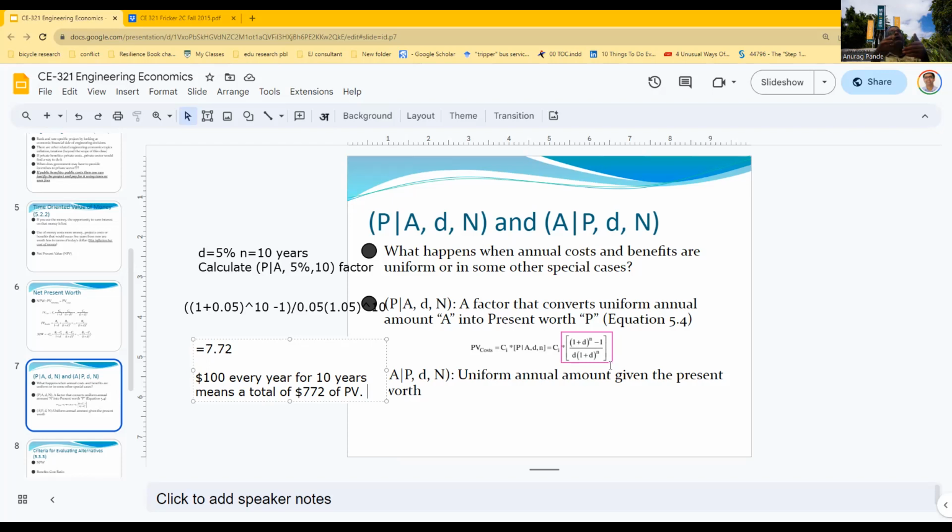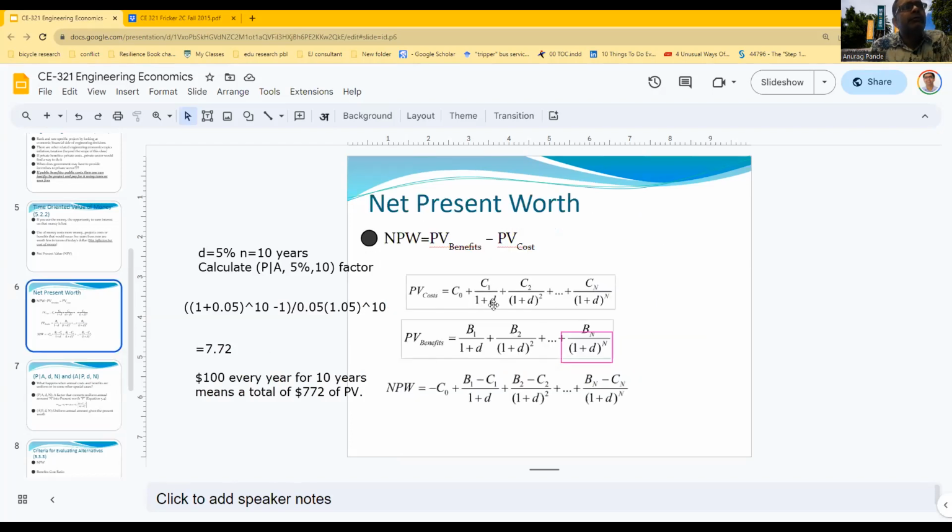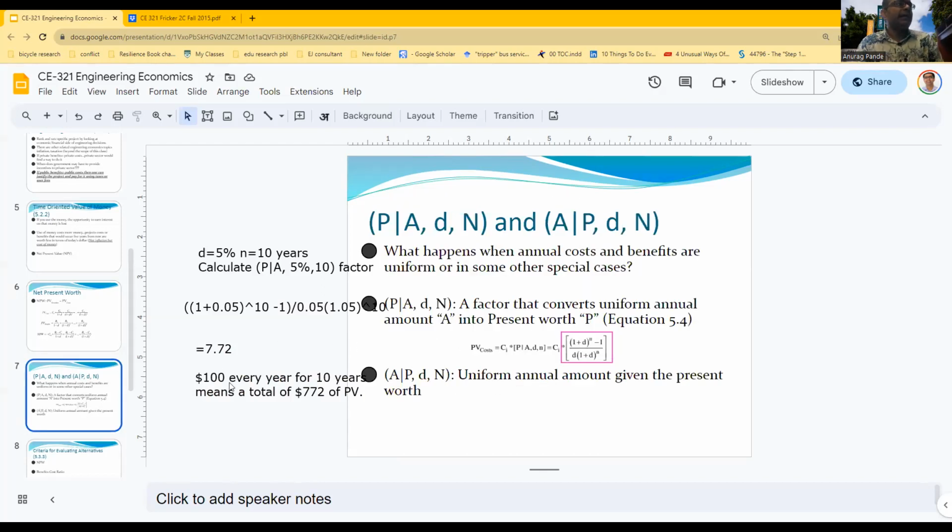So 100 over 1, 100 over 1 squared, 100 over 1 cubed. In the previous slide, if D equals 0, it's C1 over 1, C2 over 1 plus 0 squared, Cn over 1. So all these values would be the same; you're just dividing by 1. In that case, your $100 each year for 10 years will have a present value of $1,000.